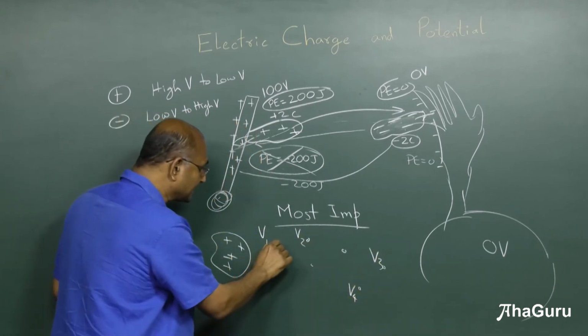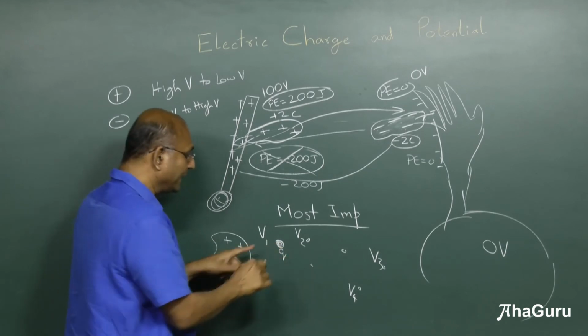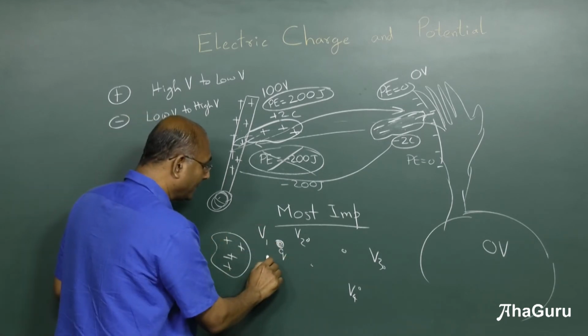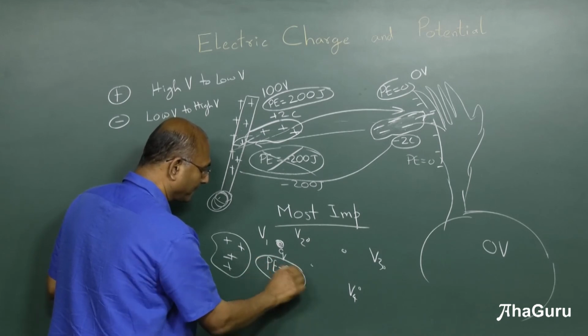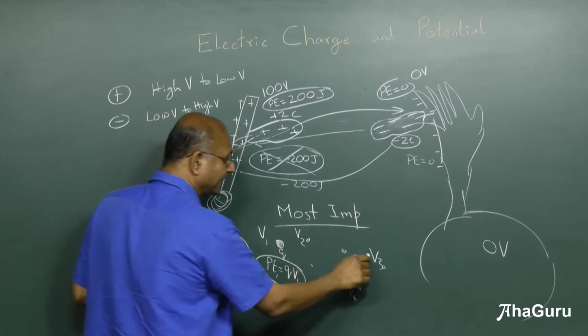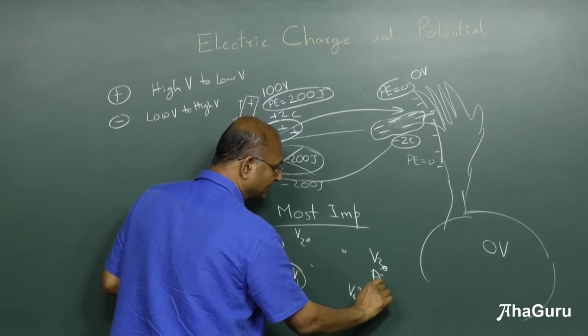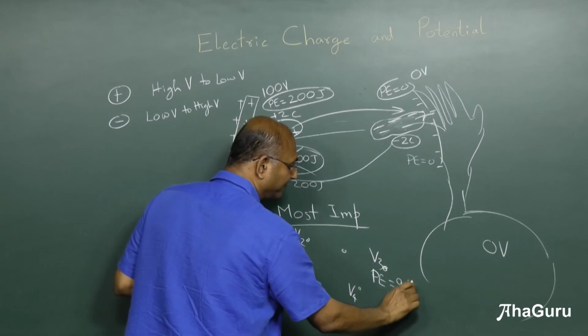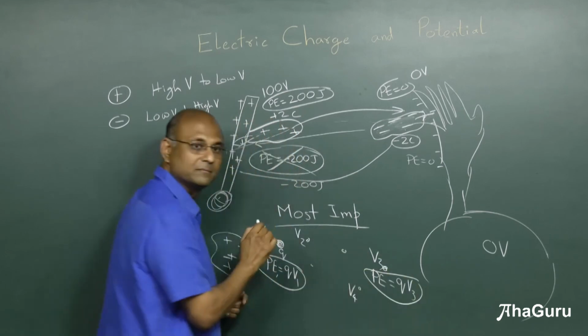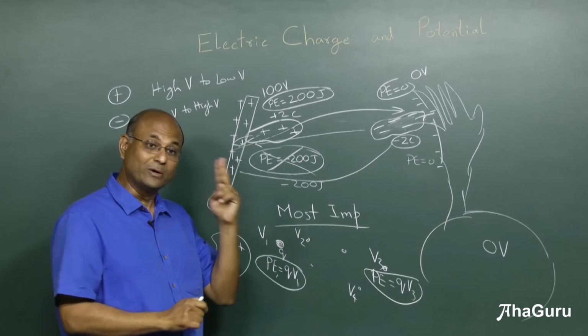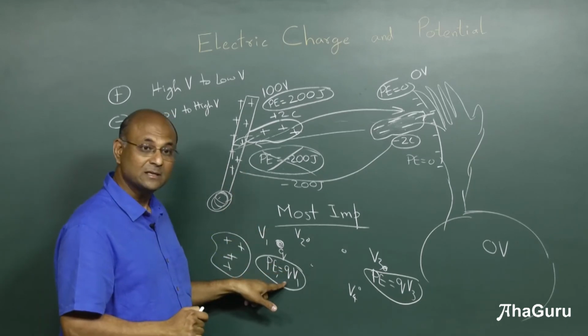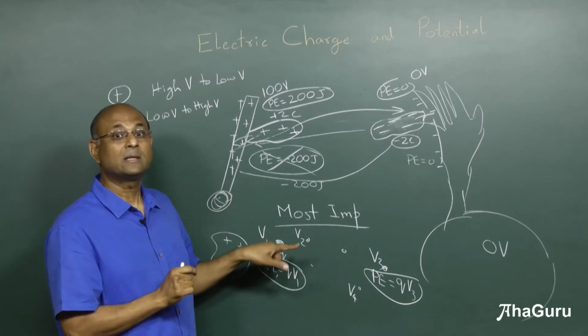If you place a charged particle Q, its potential energy here is going to be Q times V1. If you place it here, its potential energy is going to be Q times V3. Right? The potential energy at every place is determined by two numbers, the charge and the potential.